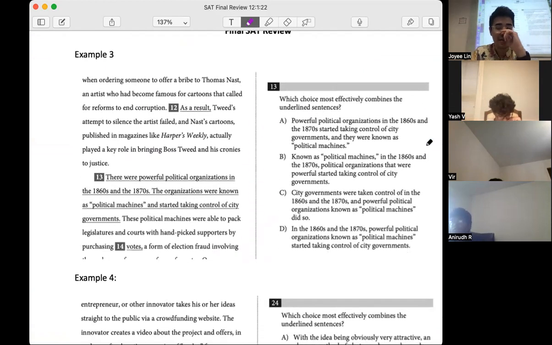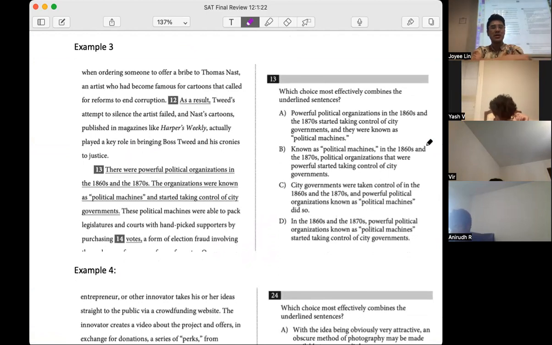Oh, I gave 4 examples on this one. Okay, let's do the shortest and smoothest for number 13 then. A is not it. All these are grammatically correct, right?